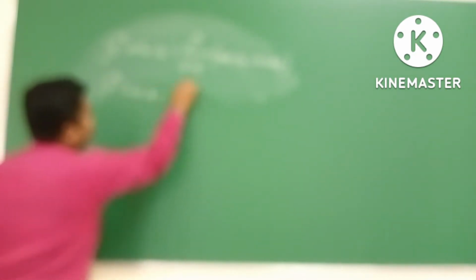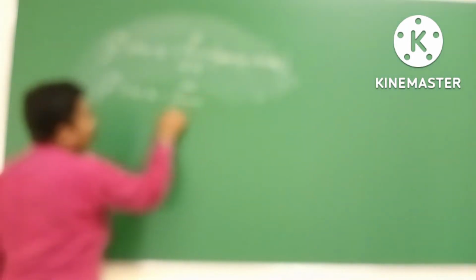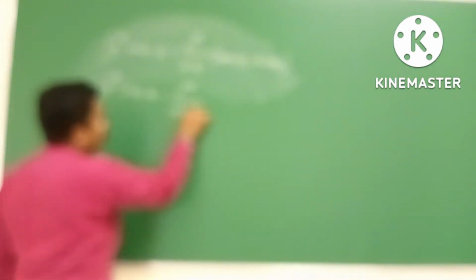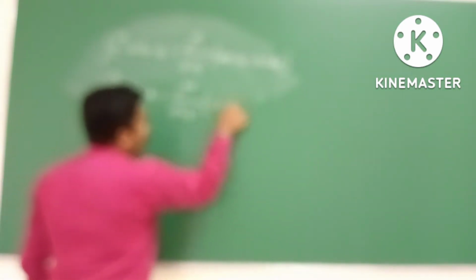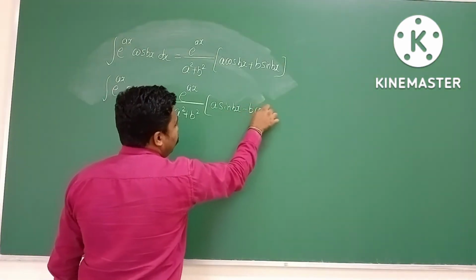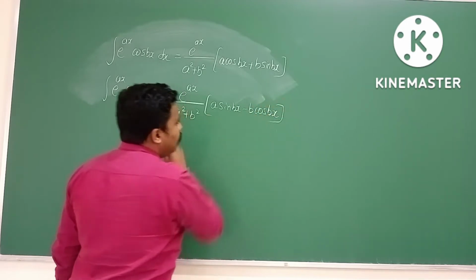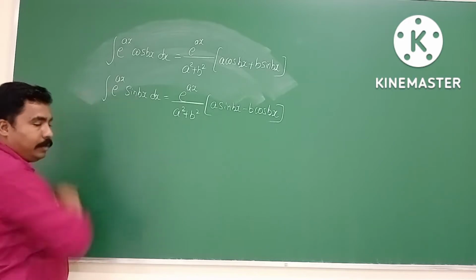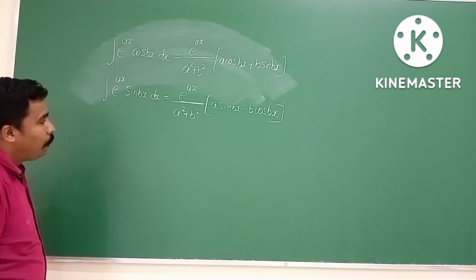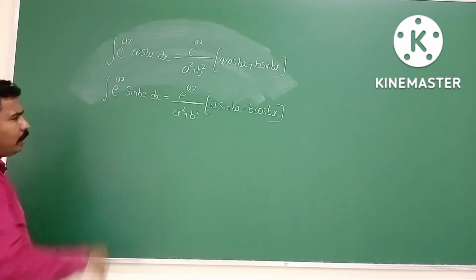It says e power ax divided by a square plus b square, times a sin bx minus b cos bx. This is another important formula which is used to integrate terms like this. Now these two are very important.